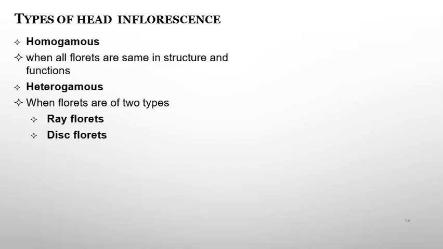Now here we have the types of head inflorescence or capitula. The capitula may be homogamous or heterogamous. When all the florets are the same in structure and function, we call it homogamous. And when two types of flowers are present in the capitula, we call it heterogamous.